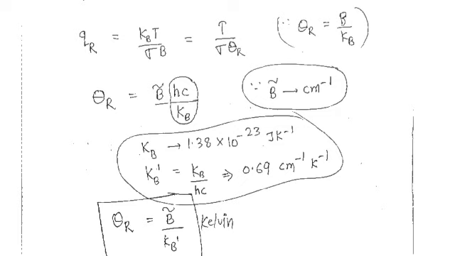And when B upon Kb upon HC, we put this value as Kb dash, which has the value of 0.69 centimeter inverse per Kelvin.